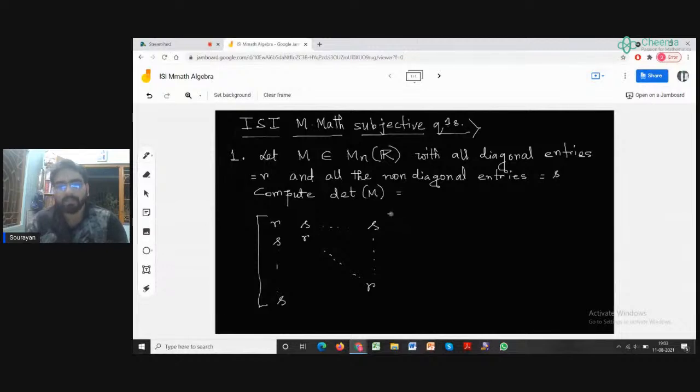That's exactly the way this matrix looks.